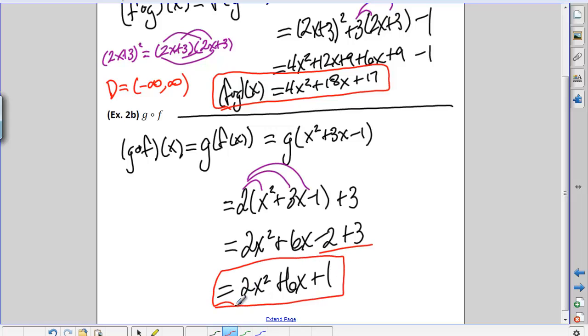So g of f. And again, that's a polynomial, so the domain is all real numbers again, and those are infinities. Pretty sloppy. Let me fix that. Okay, good enough.